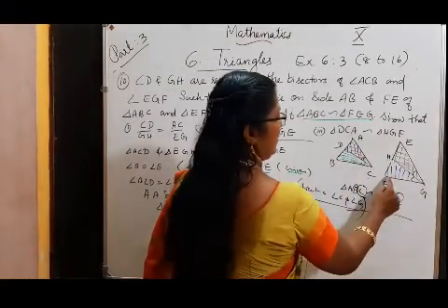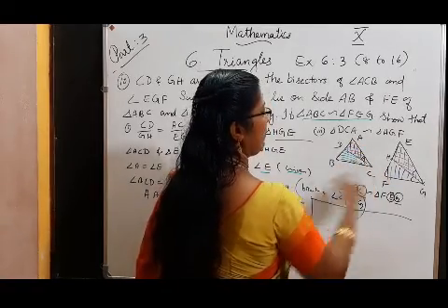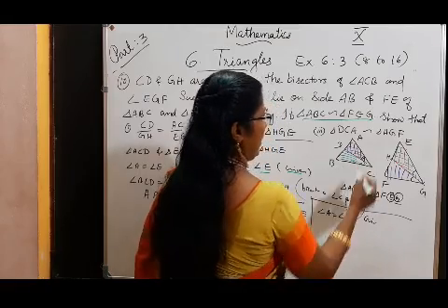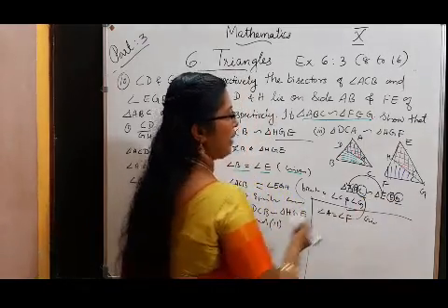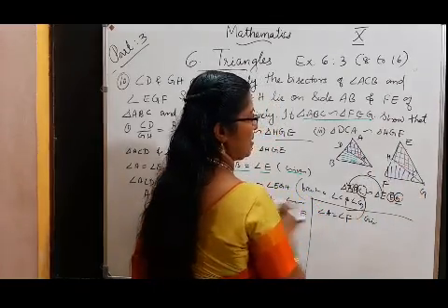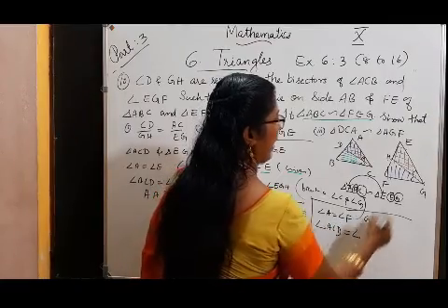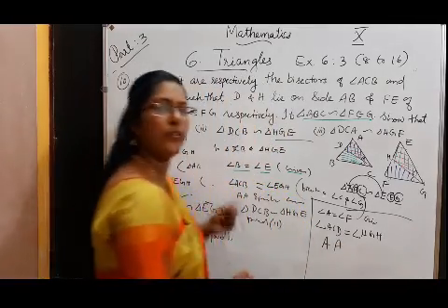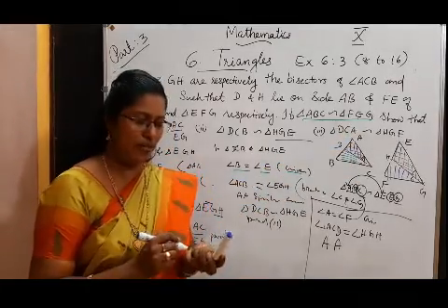Here, A and F are equal. Angle A equal angle F, given. And G and C are the bisectors. Taking angle ACD equal angle HGF, by AA similarity criterion, you can say these two triangles DCA and HGF are similar.